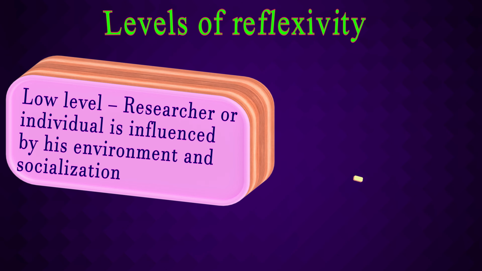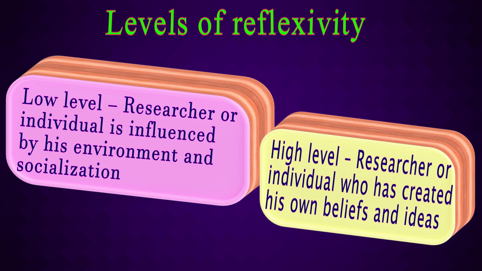On the other hand, the level of reflexivity will be high if the researcher or individual has created his own beliefs and ideas. He has this autonomy. His ideas and beliefs are not influenced by the environment. Then how will it be helpful? It will be helpful because he will be able to identify the cause and effect relationship between the events.